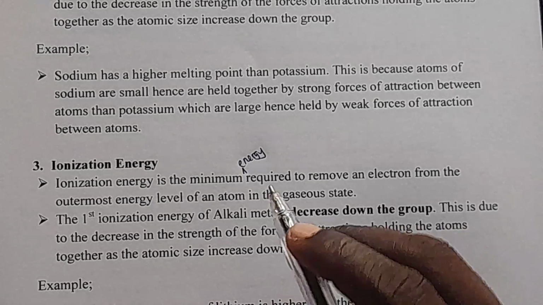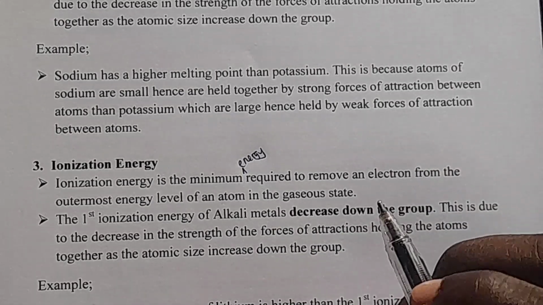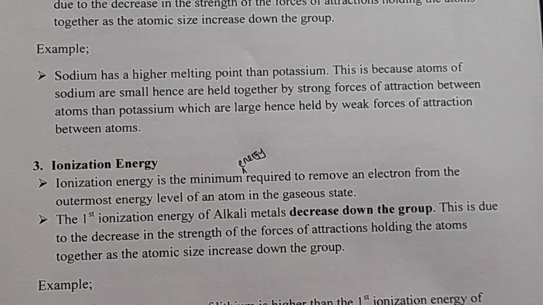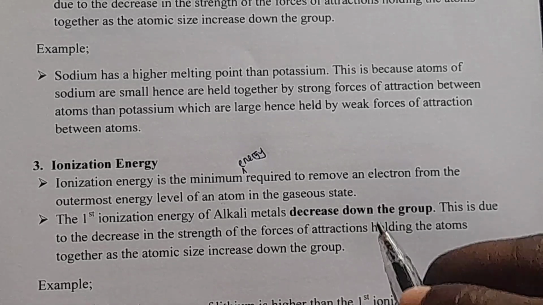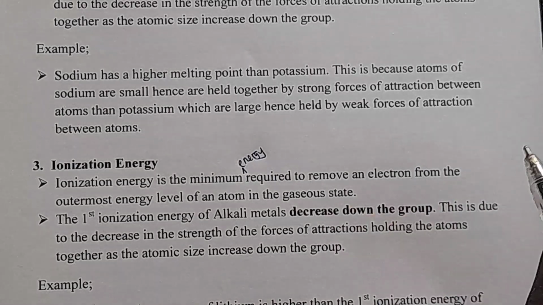Remember, alkali metals have only one electron in their outermost energy level, hence they have only first ionization energy. If an element has 2 electrons in its outermost energy level, it will have first ionization energy as well as second ionization energy.